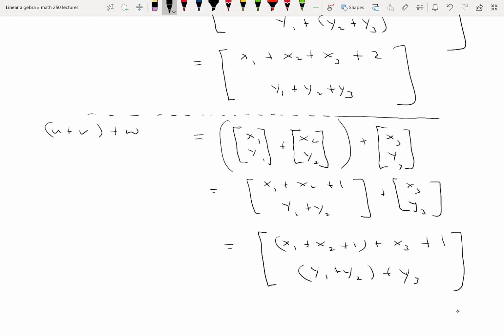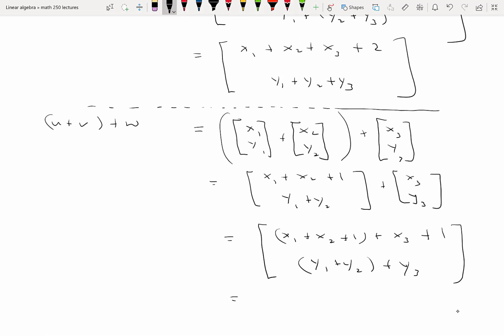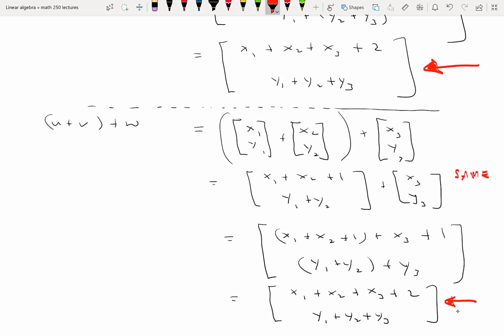Just as before, this is just a column vector with real entries. So get rid of the parentheses: x1 plus x2 plus x3 plus 2. It's looking like what we need: y1 plus y2 plus y3. They're equal. Compare: parentheses on v and w, parentheses on u and v. They are the same.